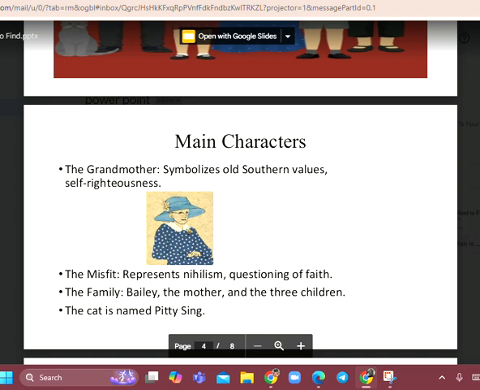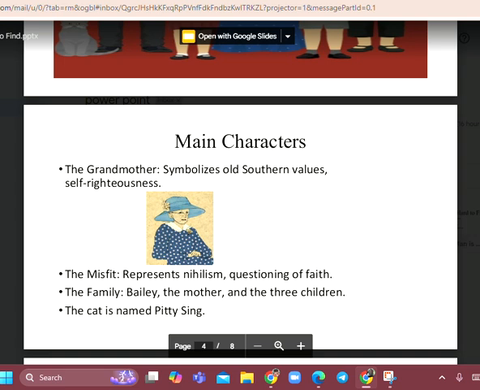Also, we have the Misfit, who represents nihilism, questioning of faith. We have the family, who are represented by Bailey, the grandmother's son, his wife, who is unnamed, we call her the mother, and the three children.